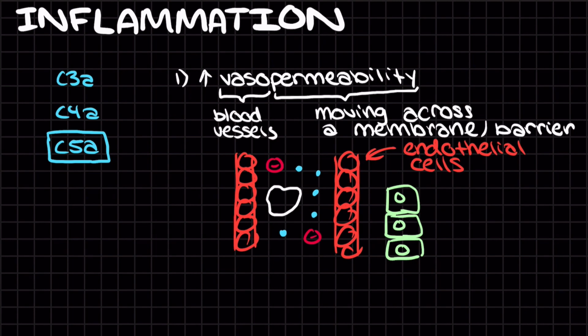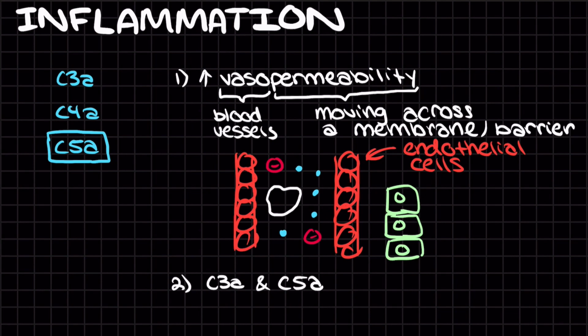The second main function of these small fragments specifically has to do with C3a and C5a. C3a and C5a activate receptors, specifically ones known as G protein coupled receptors or GPCRs on immune cells, and the activation of those receptors leads to secretion of other inflammatory agents. A very notable example is in mast cells.